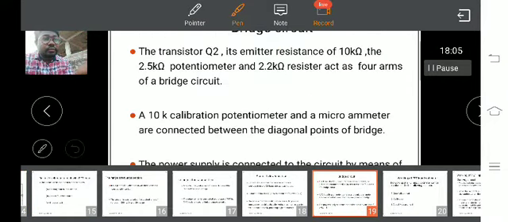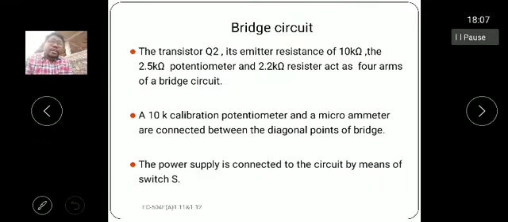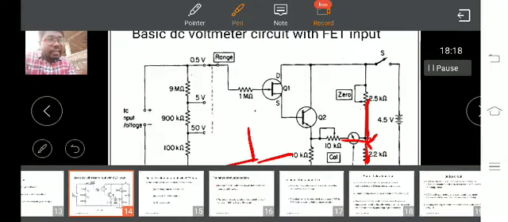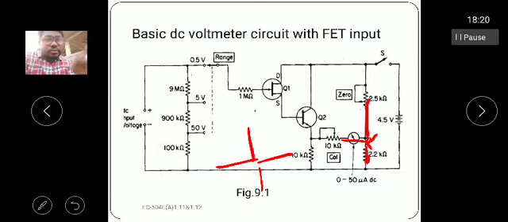In the bridge circuit, the transistor Q2 has its emitter resistance of 10 kilo ohms. Here we have connected 10 kilo ohms.